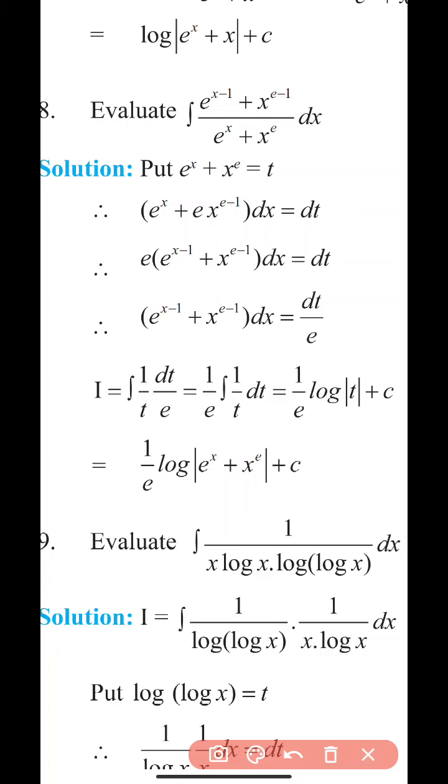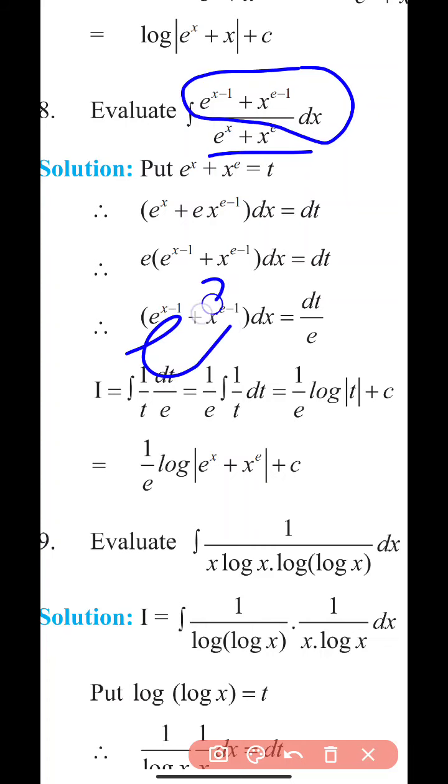Yes. So next one is the same thing you have to follow, that denominator का derivative numerator में है क्या. So we know e raised to x has derivative e raised to x only, but in the numerator it is e raised to x minus 1.